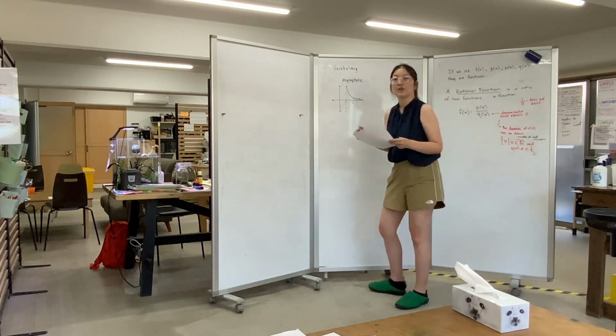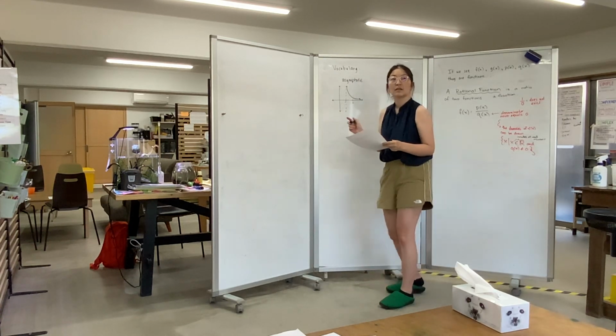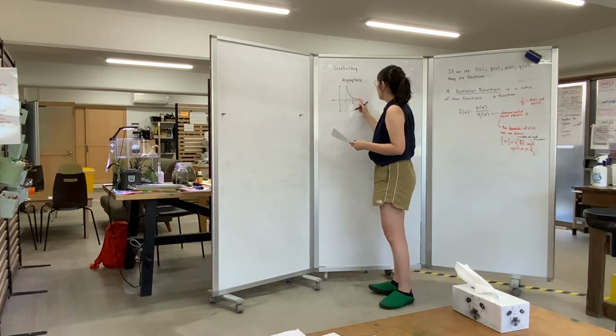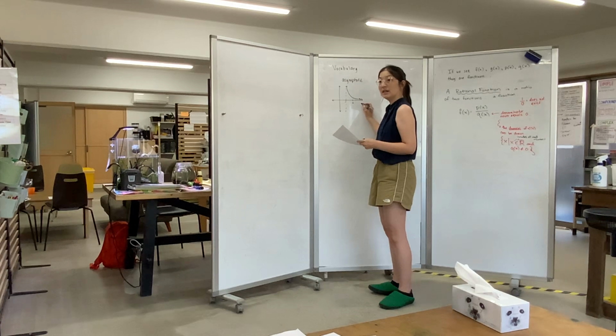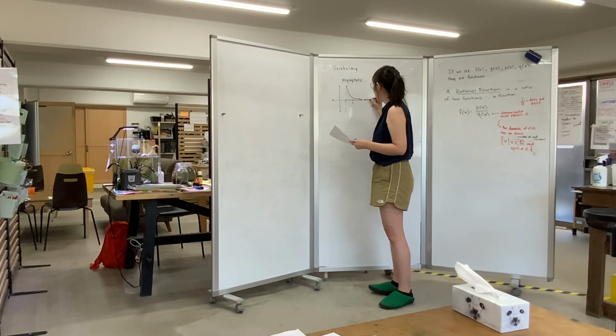You may one day see a graph that looks like this. Notice this graph will go on forever towards infinity, but it will never go below, never below y equals 0.